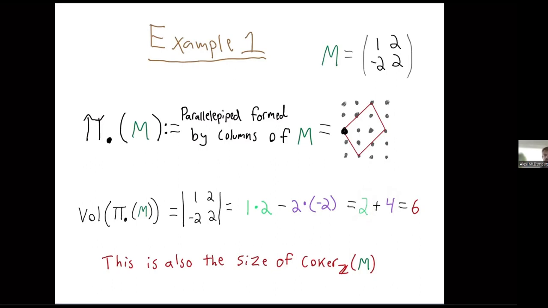I was specifically looking at a certain co-kernel, so that's why I mentioned the co-kernel down here, but if you're not interested in co-kernels, feel free to ignore that. And I wanted to figure out if there was a natural way to split this up into the pieces that make up this determinant formula.